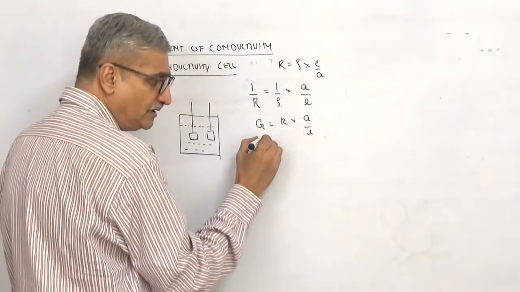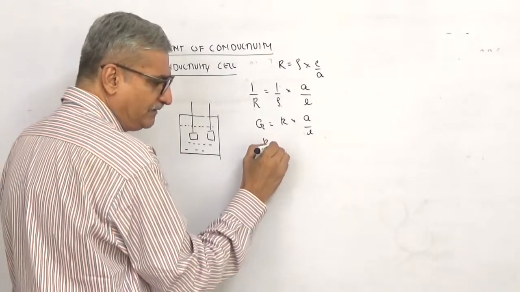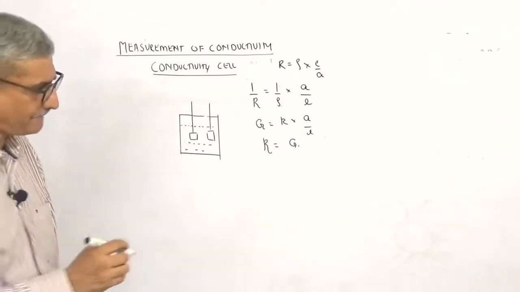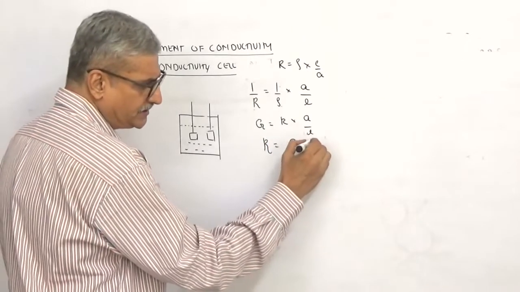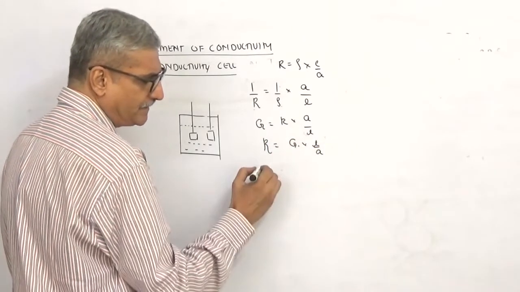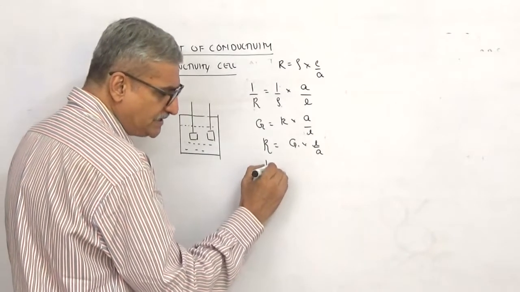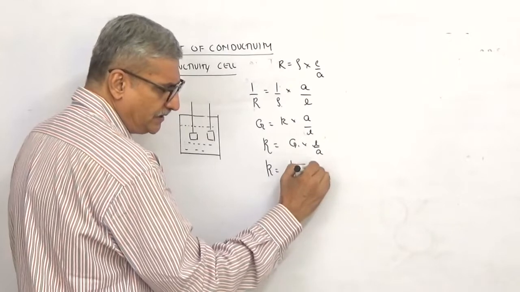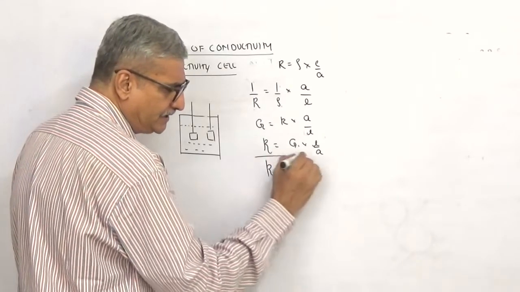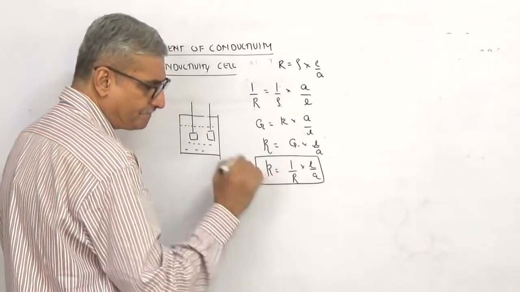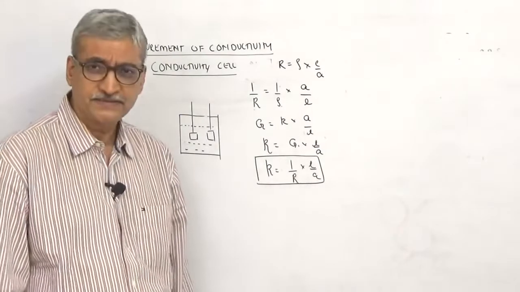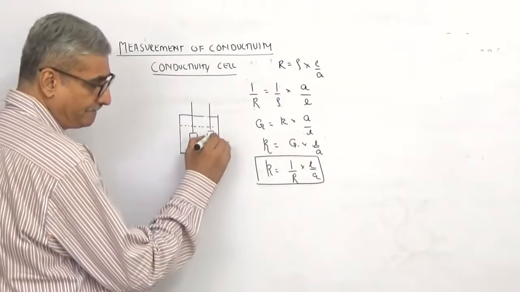So your K, the conductivity, became equal to G, the conductance, into L by A. But your G is nothing but 1 upon R, the resistance, so K equals 1 upon R into L by A. I need this equation. What is L by A?